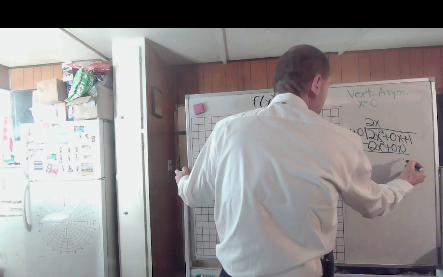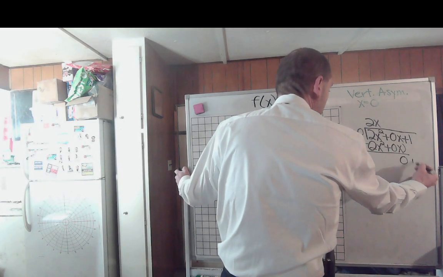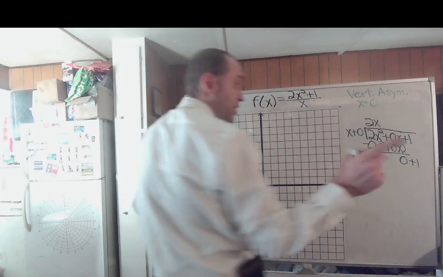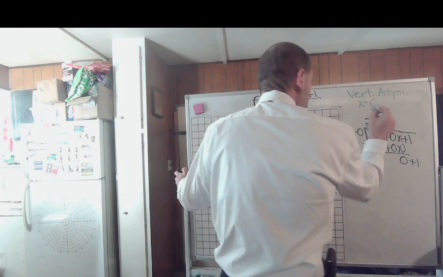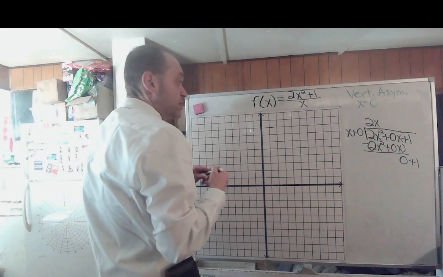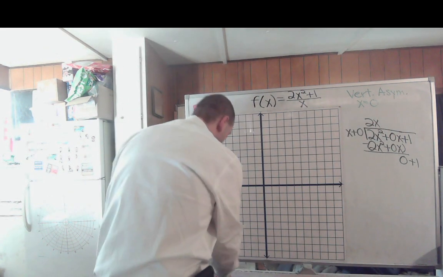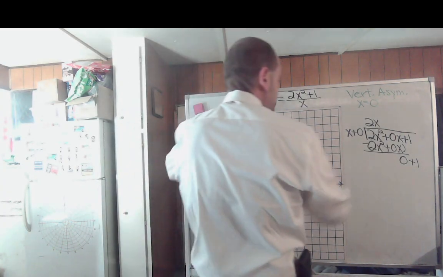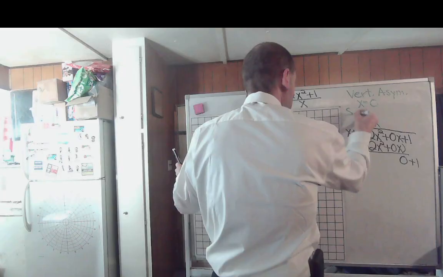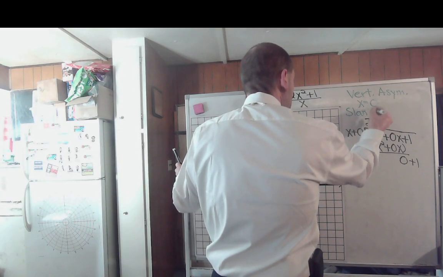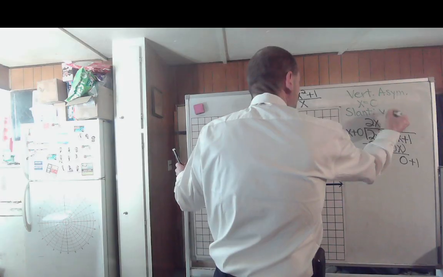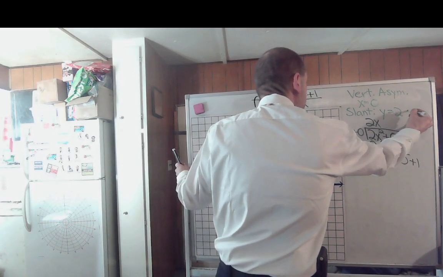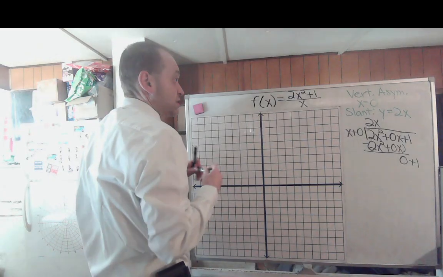You would literally end up getting 0. Then you have that remainder of 1. You don't worry about the remainder. What you get that's not the remainder is your slant asymptote. So you actually have a slant asymptote through the line y equals 2x. That would be your slant asymptote.